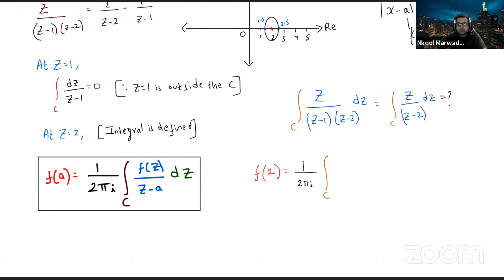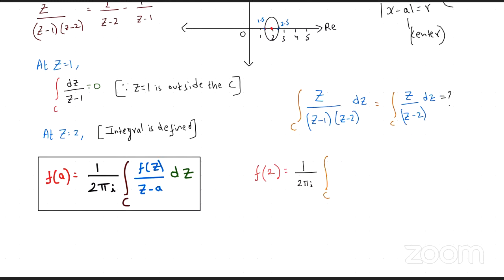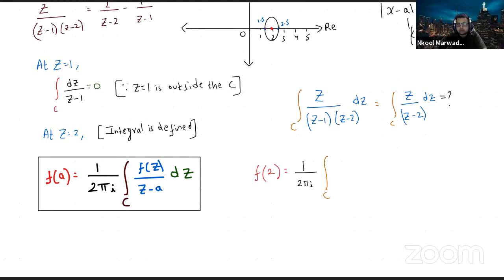Now here it is the same. This thing is the same, this integral which we have to calculate. Yes, sir. Z upon z minus 2. This is what we have to calculate.